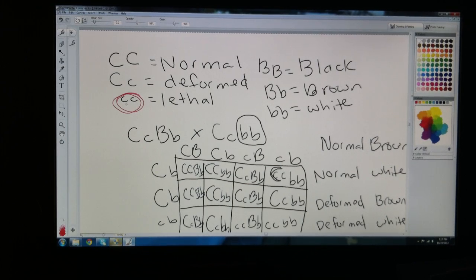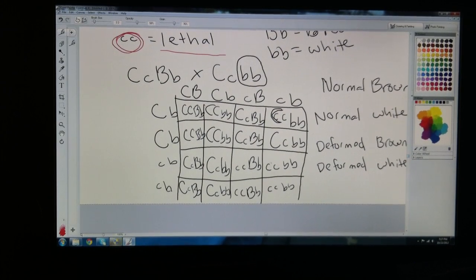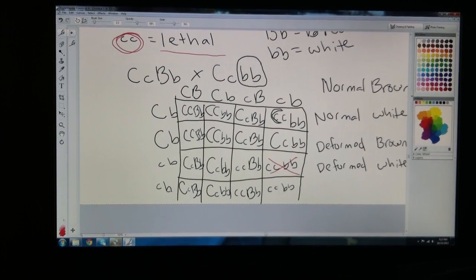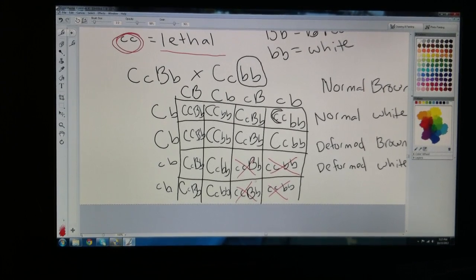So if any offspring inherits this double lethal allele, then they do not survive. So in our Punnett square here, we can just go ahead and cross out these offspring. They do not survive.